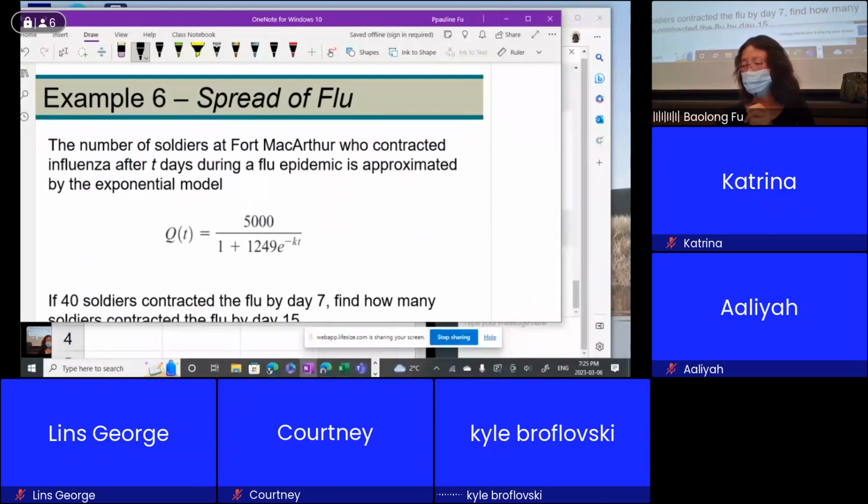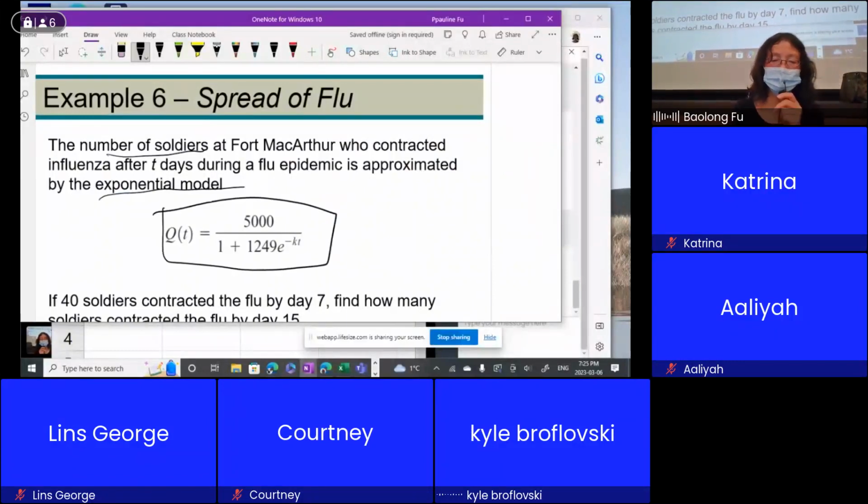Okay, let's take a look at an example of a logistic function. The number of soldiers at Fort McAllister who contracted flu after T days during a flu epidemic is approximated by an exponential model. This model we call the logistic function.